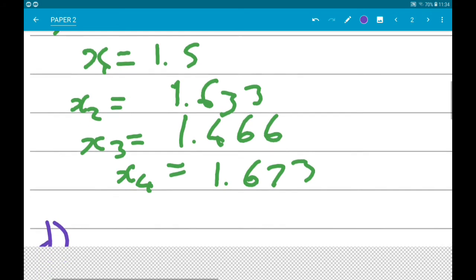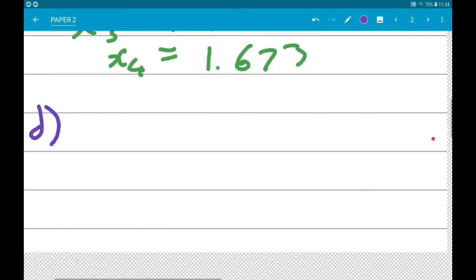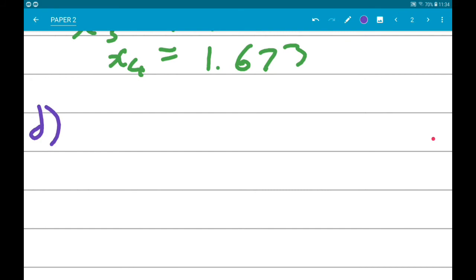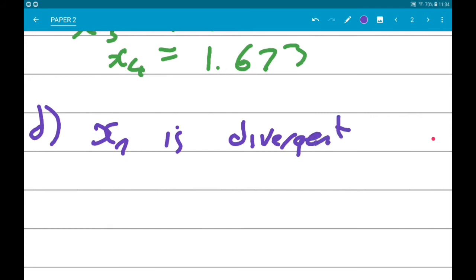So, the first thing we would want to say is that xn is divergent, and if we keep going, it gets closer and closer to 1 on the bottom end and closer and closer to 2 on the upper end. So we would say it oscillates between 1 and 2.